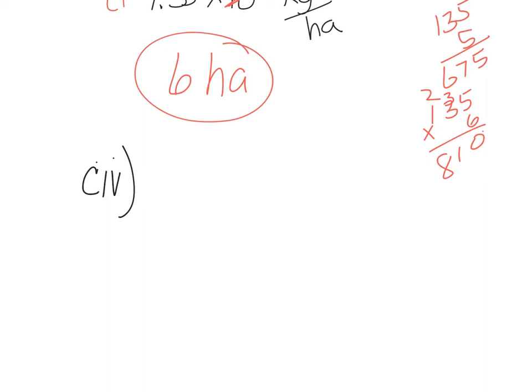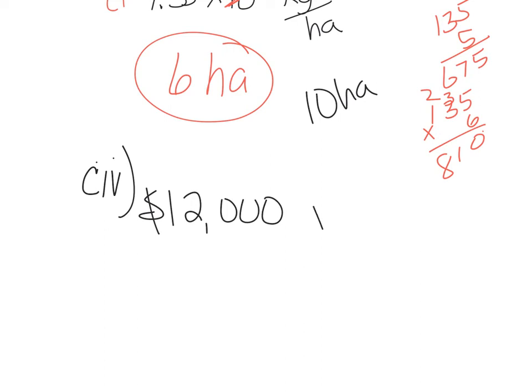So let's say you got the answer of 10 hectares. So if you did the problem correctly, using 10 hectares, then you would get points for C4, but not for C3 because you just made up something for C3.